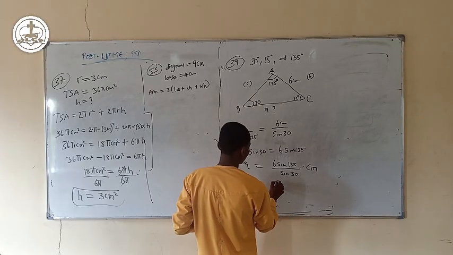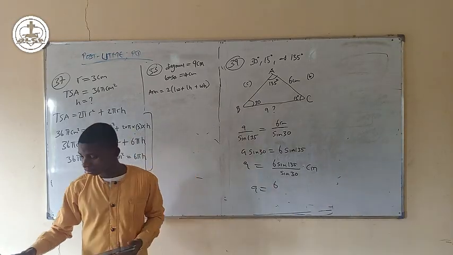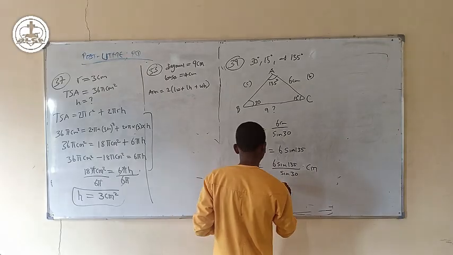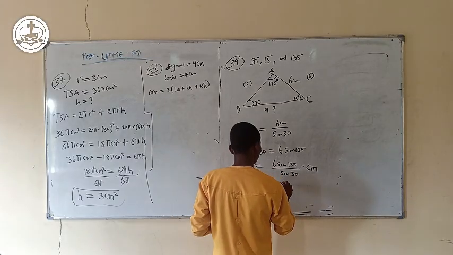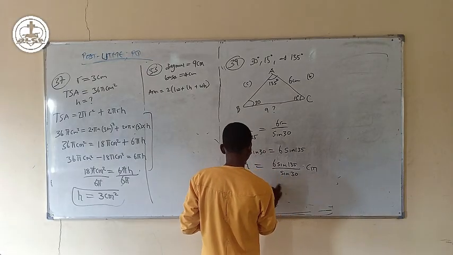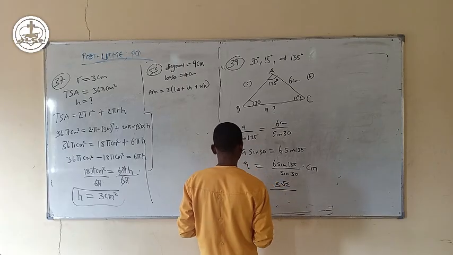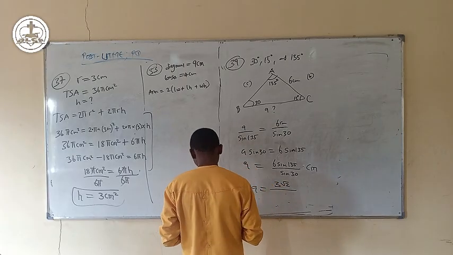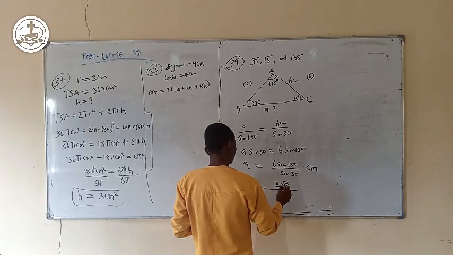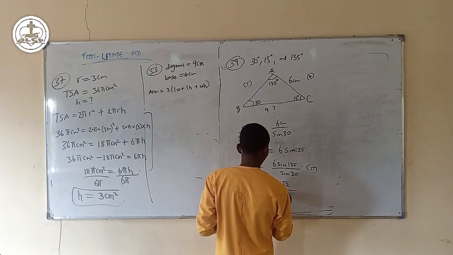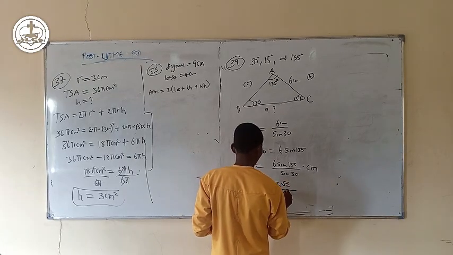This is 6 times, this is going to be 3 root 2, all over sine 30, that's half.